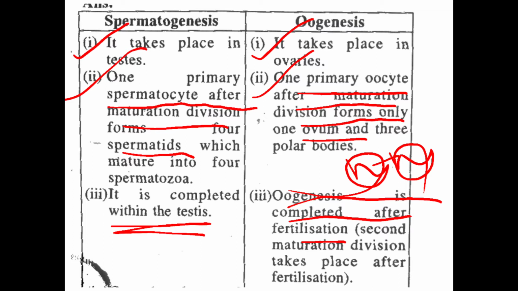And after the fertilization, when the ovum comes in contact with the sperm, the secondary oocyte forms the ovum and the fertilization process is complete.